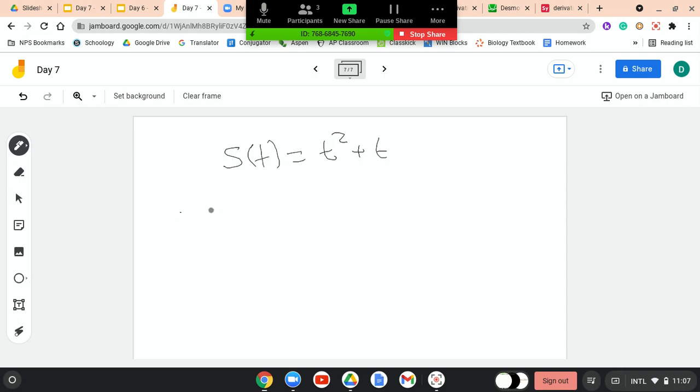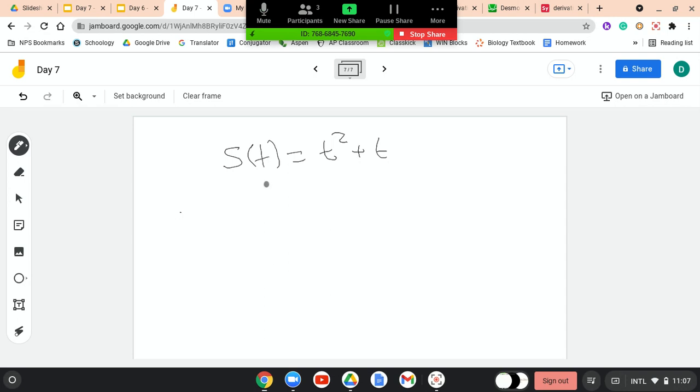Exactly. So if this function gave me my position, and I asked you how quickly my position was changing, or what the rate of change of my position is, could you see how that's just my speed, how fast I'm going? How quickly my distance is changing is just how fast I'm going.